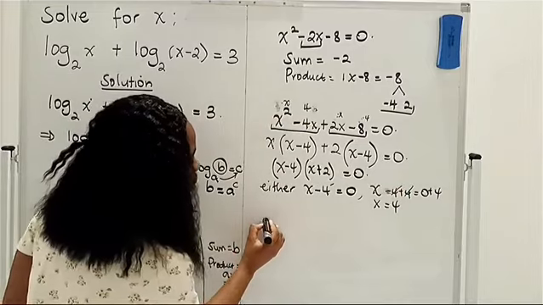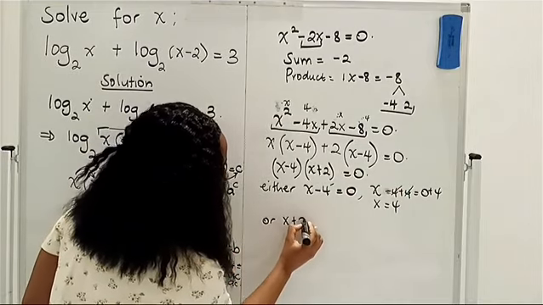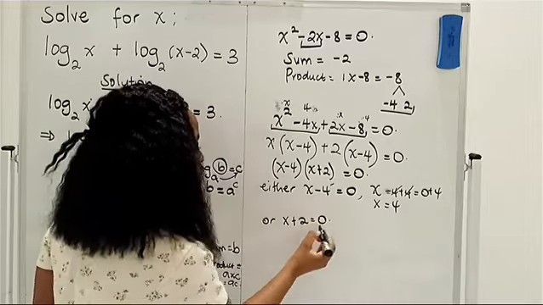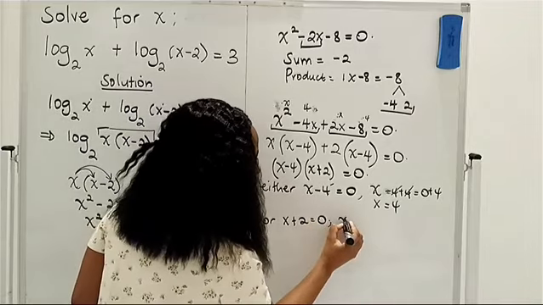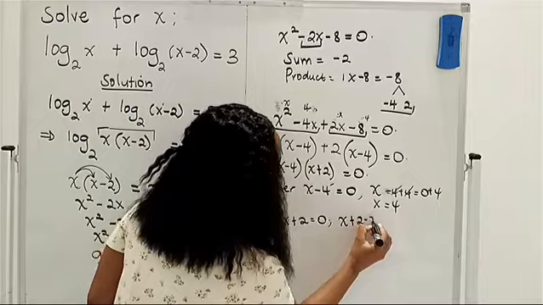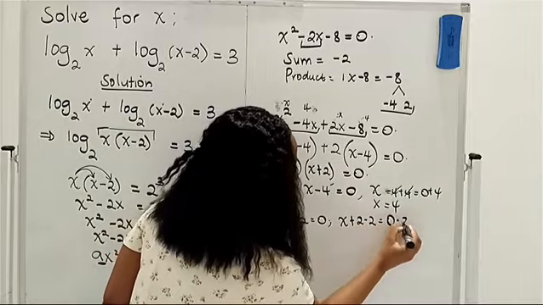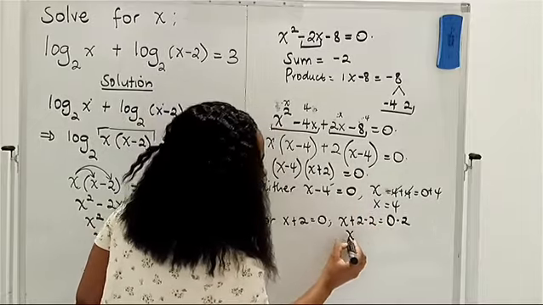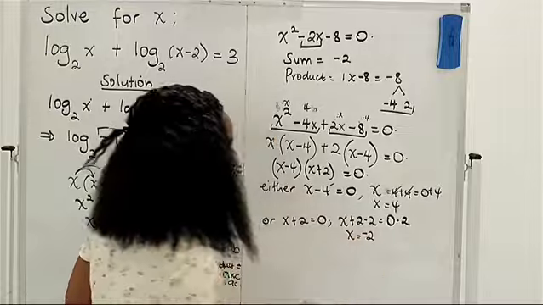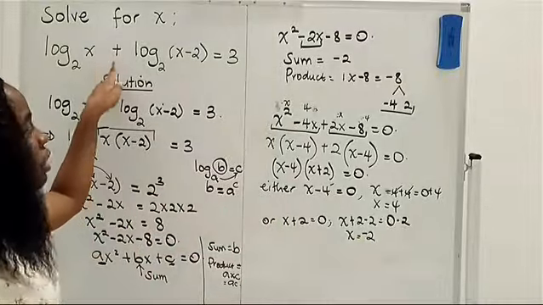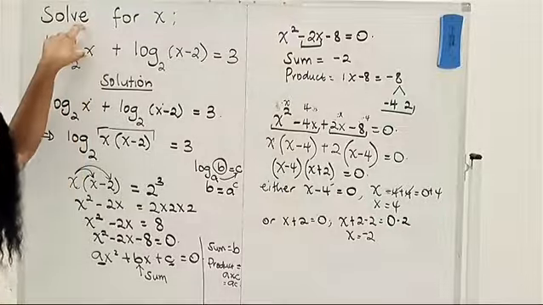Okay? Or x plus 2 is equal to 0. There we say x plus 2 minus 2 is equal to 0 minus 2. x is equal to negative 2. But we don't have a log of a negative number.